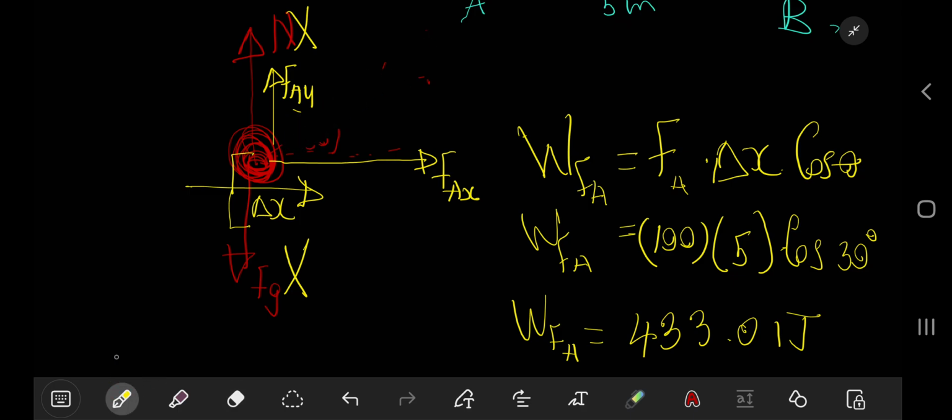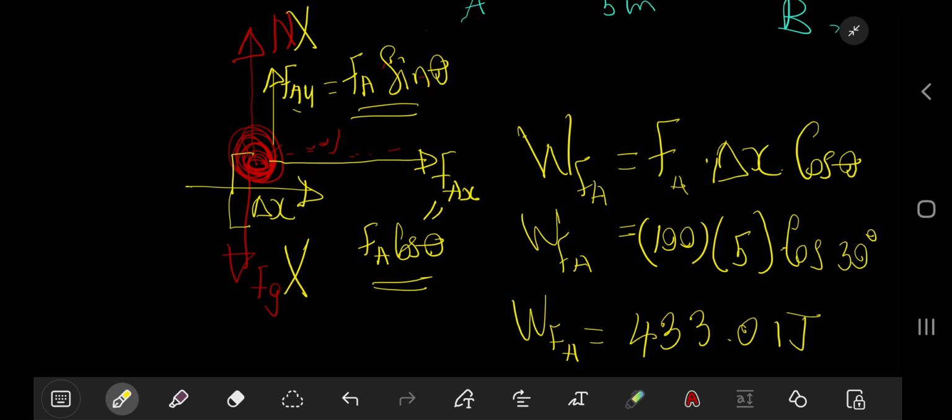The F applied in the y direction would be F applied sine theta, and the x component would be F applied cos theta. This is covered in the topic whereby we resolve forces.